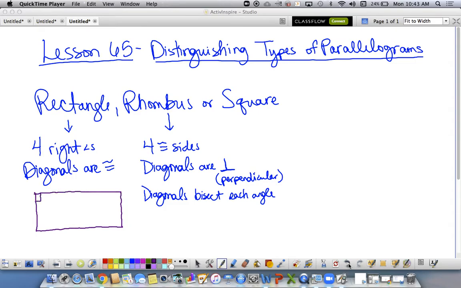So we have right angles, and the diagonals will be congruent to each other. Diagonals bisect, so that's true for every parallelogram, but if they're congruent, all 4 of those segments will be congruent.